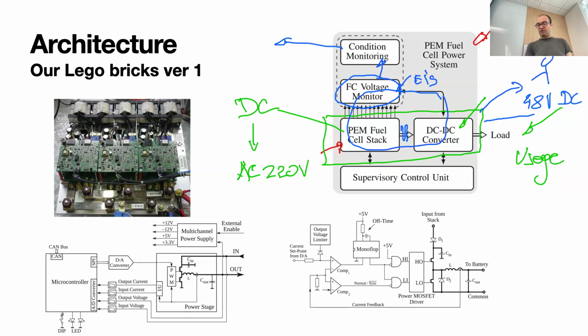The user that was using the fuel cell outside was looking at a flat 48 volts.